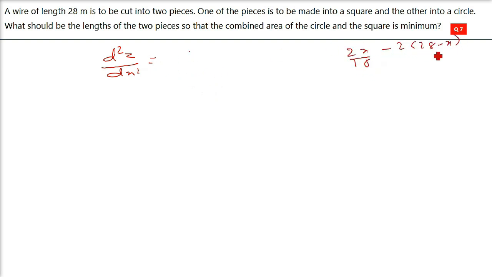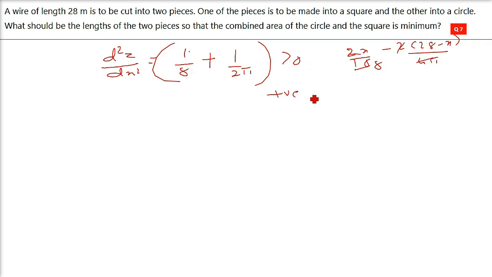This is the first differentiation which has already been completed. We are going to differentiate it again. 1 by 8 minus, this 2 goes here, 1 by 2 pi. This is negative, negative into negative becomes positive. So we have 1 by 8 plus 1 by 2 pi, and evidently by visual inspection this gives you greater than 0, that is positive, that is minimum only.